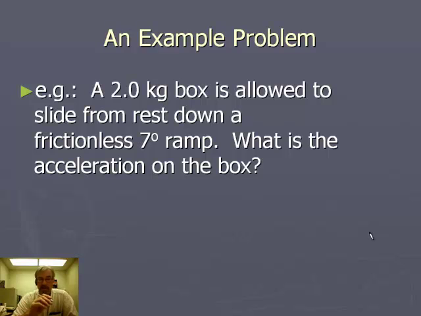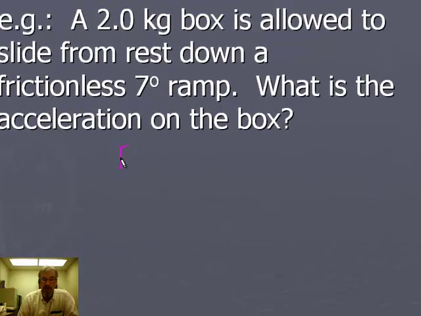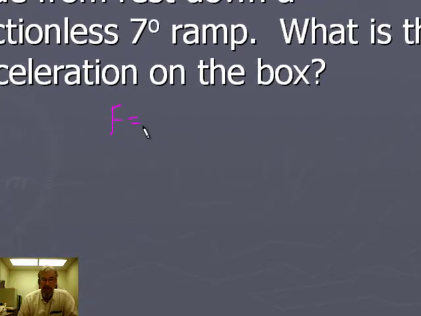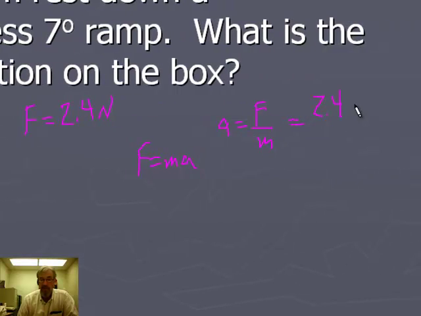Same box, same ramp. The question is, what's the acceleration of the box? Well, we determined in the last slide here that force was equal to 2.4 newtons. That was our force down the ramp. And force is equal to m times a. So that means acceleration is force divided by mass. Well, that's 2.4 newtons, or 2.4 kilogram meters per second squared, divided by the 2.0 kilogram mass.